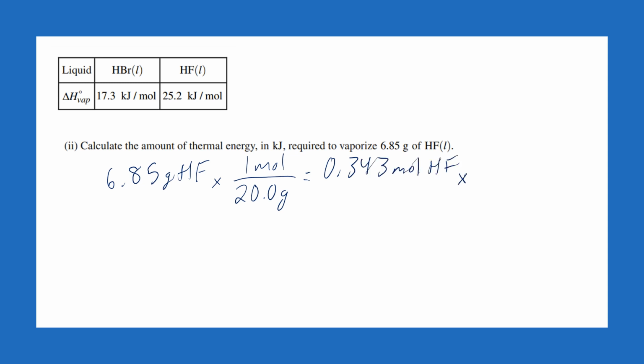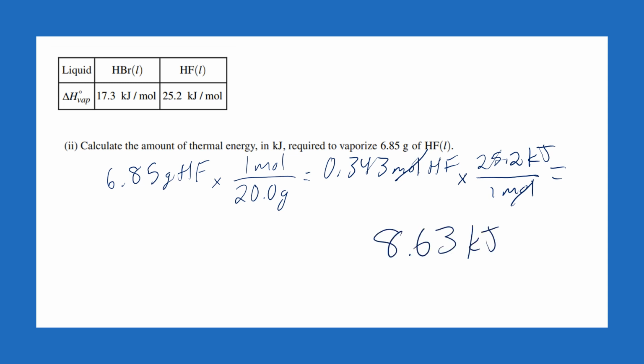And then you can multiply by the 25.2 kilojoules per mole. That way the moles cancel. And so then you get the final answer, 8.63 kilojoules required to vaporize that much HF.